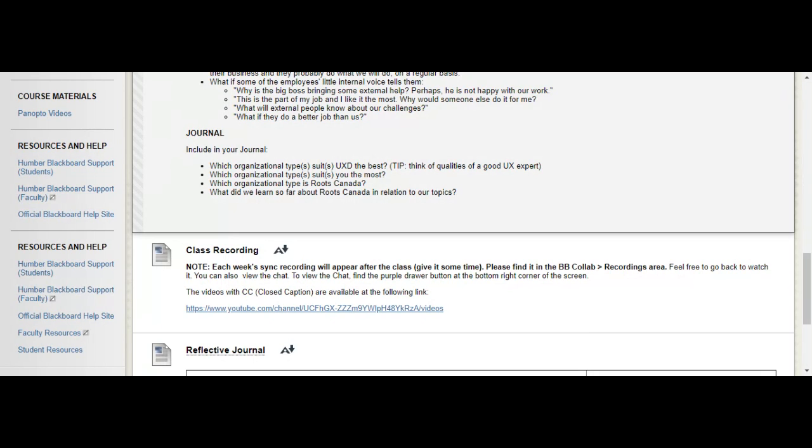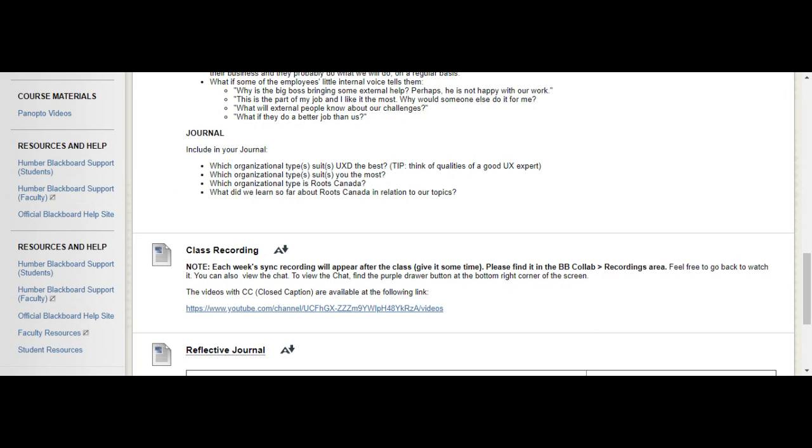You can take a Word document, and if you look at this week, I've said that you should include in your journal elements about the organizational type. I would like you to think about which organizational type suits you the best, or suits UX the best. We're going to talk about organizational types today.